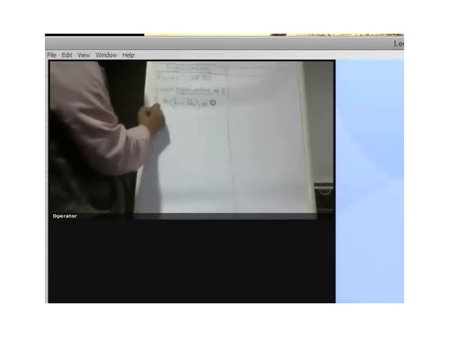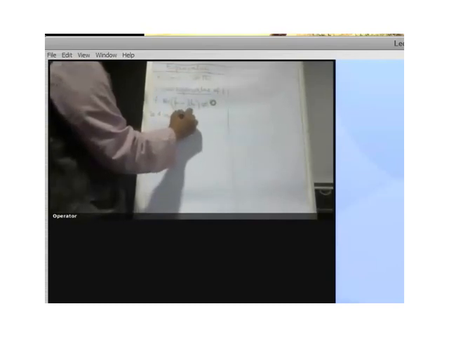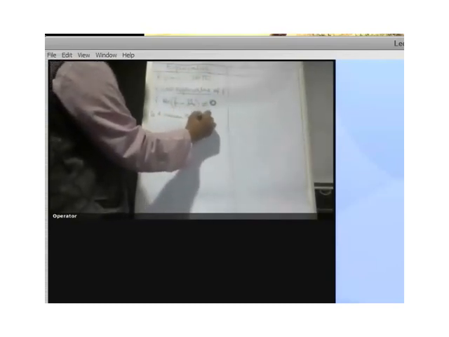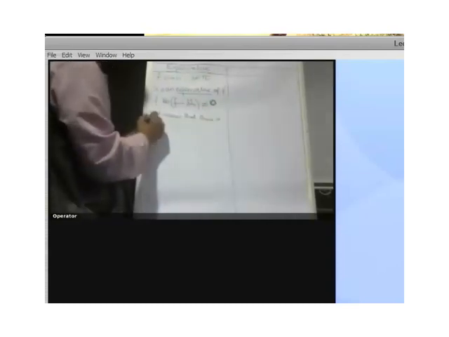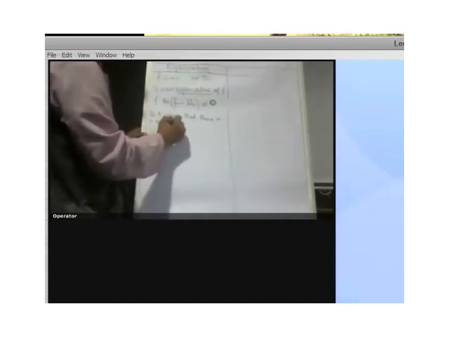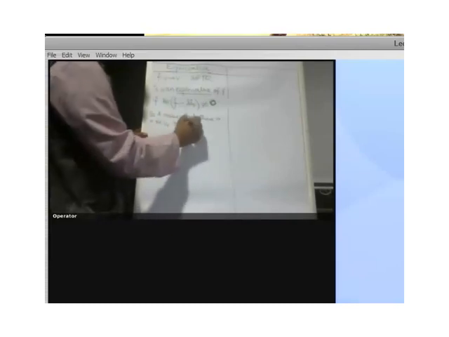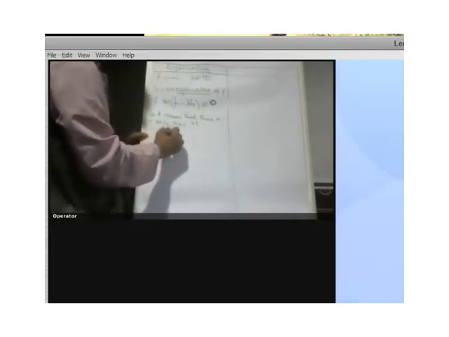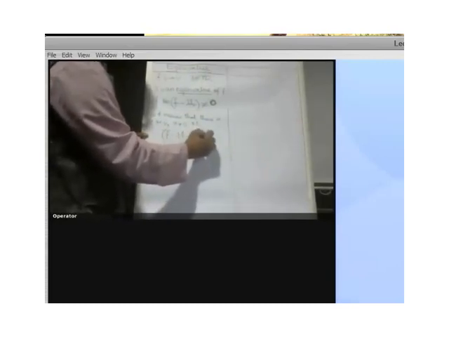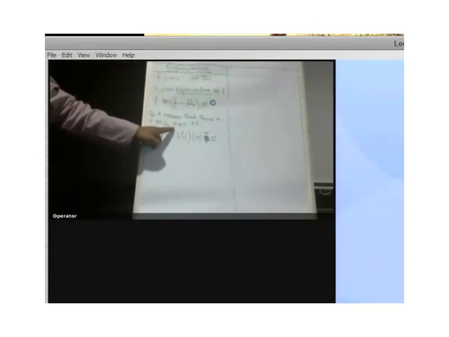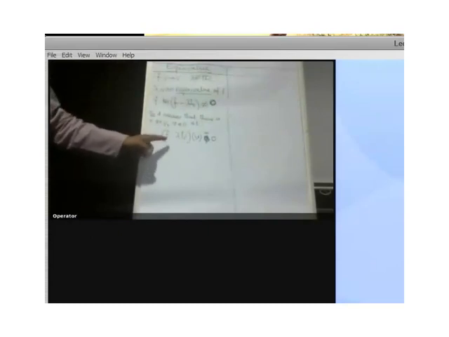It means that there is a vector v, v non-zero, such that (F minus lambda)(v) is equal to zero. So there is a non-zero vector which is inside the kernel.